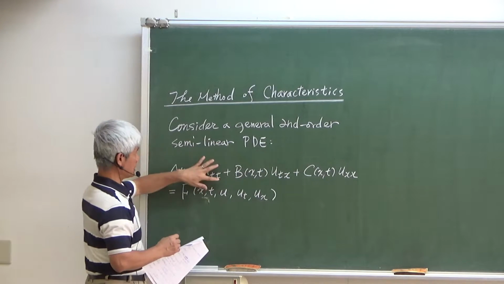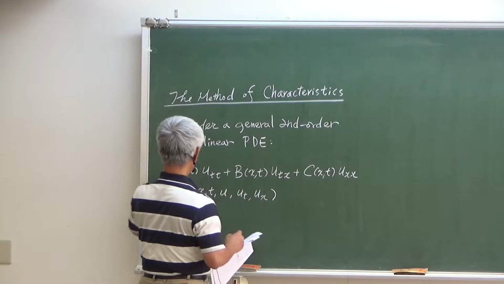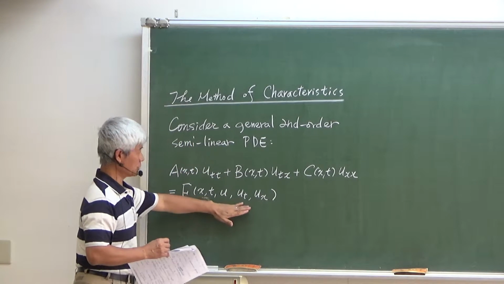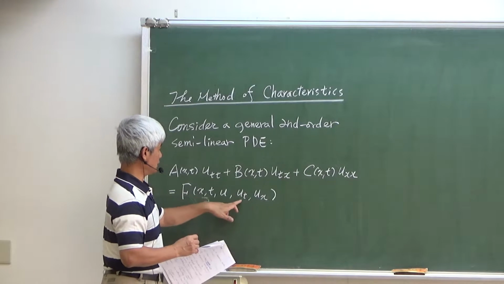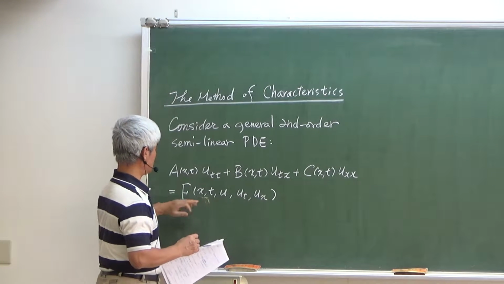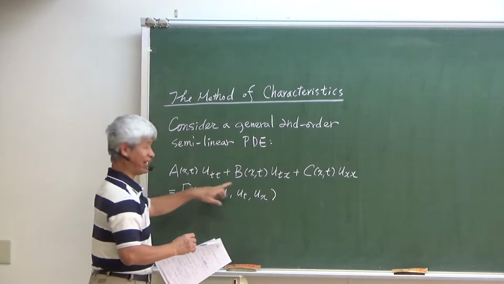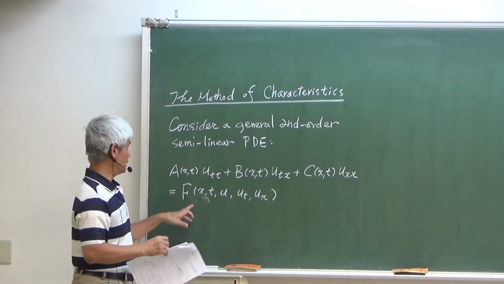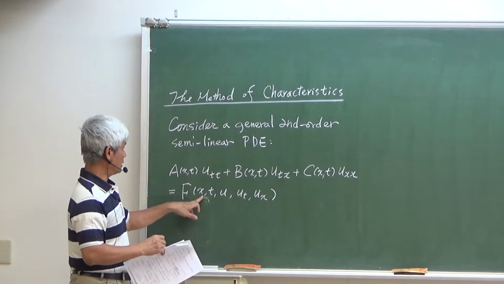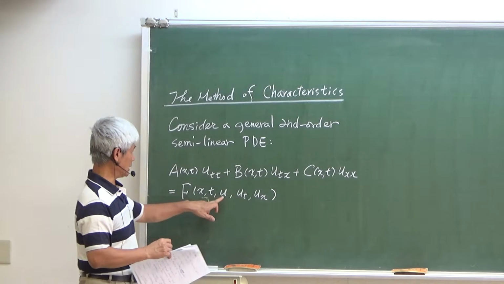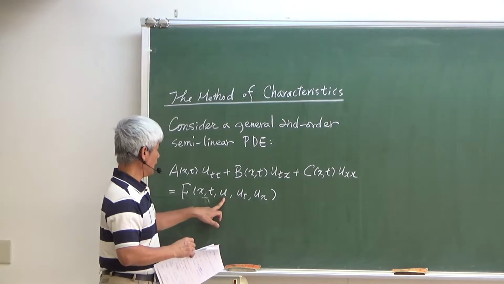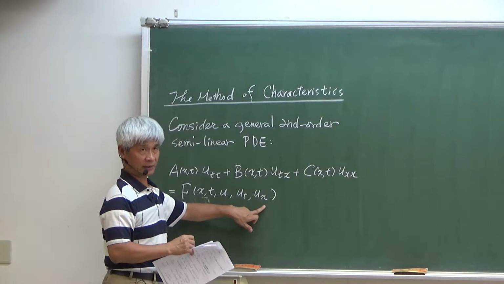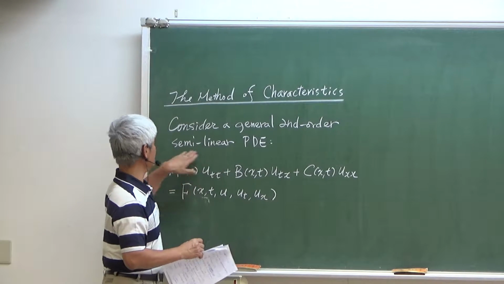For the highest order, second orders, we have coefficients A, B, C. But for lower order partial derivatives like u_t and u_x, it is possible that you have a nonlinearity. So F can be a highly nonlinear function involving the x coordinate, t coordinate, and the unknown function u, as well as the first partial derivatives of u with respect to t and x itself. So it is called semi-linear.